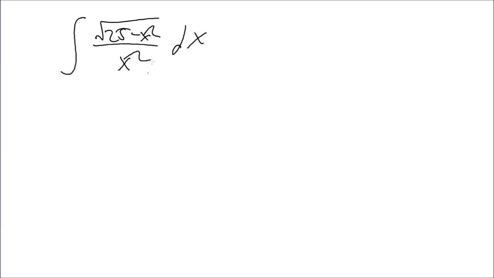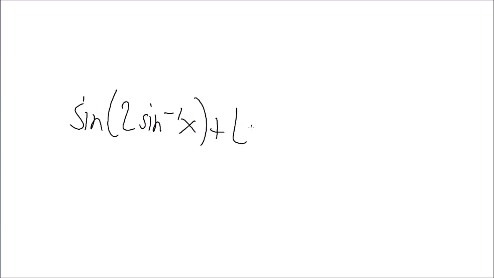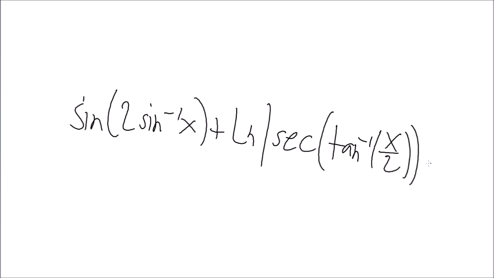But when you're doing a regular problem like this, and say you use trig substitution. It's not actually equal, but I'm just gonna give a random answer, like sine of 2 inverse sine of x, and then plus ln of secant of inverse tangent of x over 2 plus tangent of whatever, right?